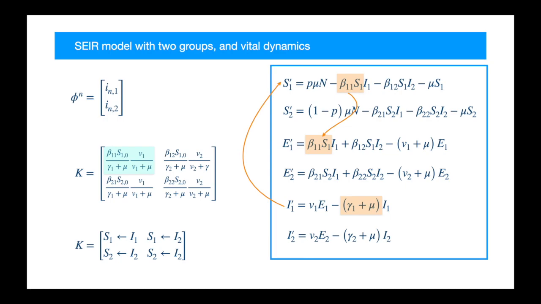They then spend 1 divided by V1 plus mu time in the exposed compartment, producing infections at the rate V1 per unit time. So the first entry is the total number of susceptibles of type 1 that a typical infective of type 1 produces over the infectious period, and you get the other entries by applying this reasoning to the flows between the various types.